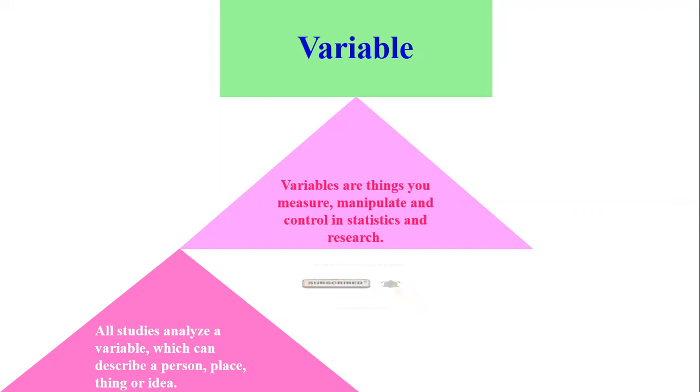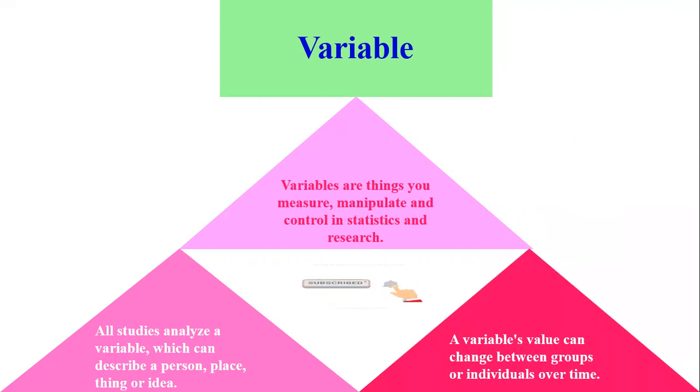Thing or idea: an idea is also called a variable in some terms. Like if I think that the project method of teaching is very good, which we applied in all departments, all sciences in the research field, this could be a variable, the project method, right?